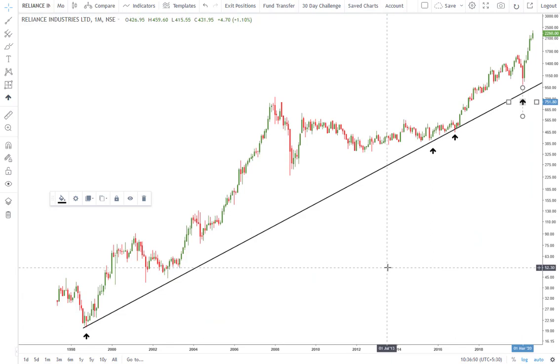So that is the benefit of using a log scale over a linear scale, especially if you're using a very long-term chart. When prices change dramatically during this long-term period, it becomes much simpler and effective to use price tools such as trend lines on a log scale rather than on a linear scale.